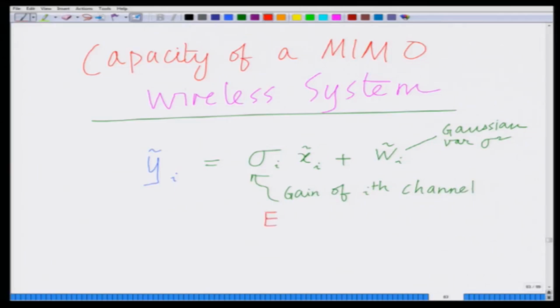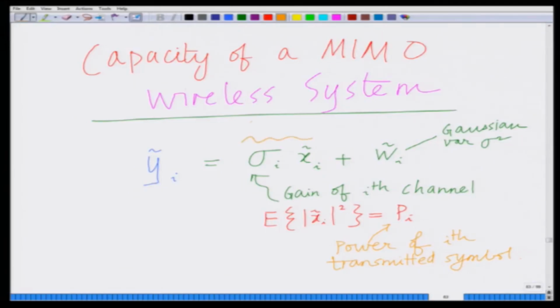Let us have the power in the transmitted symbol, magnitude x tilde i square, equals Pi, that is, Pi equals the power of the ith transmitted symbol.